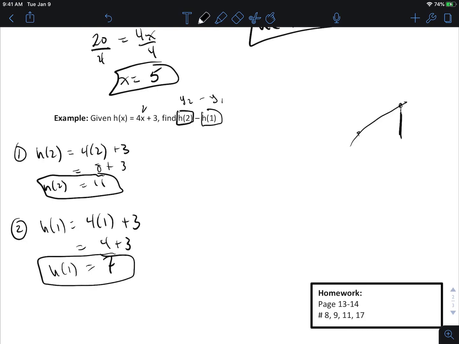And then the last step to this, you want to find the difference. h at 2 minus h at 1. You take the values. What did h at 2 equal? 11. And what did h at 1 equal? 7.